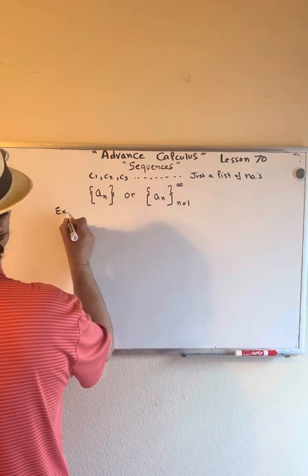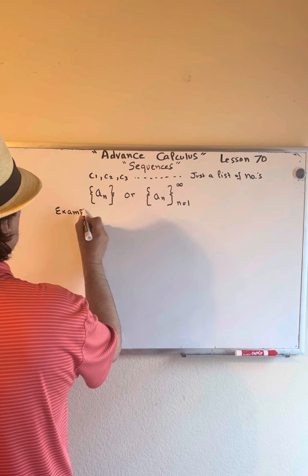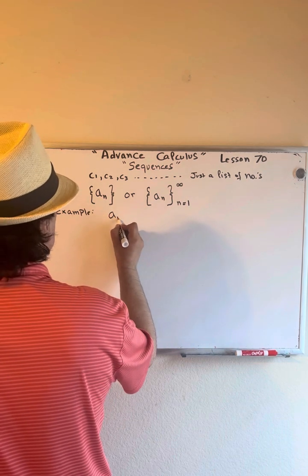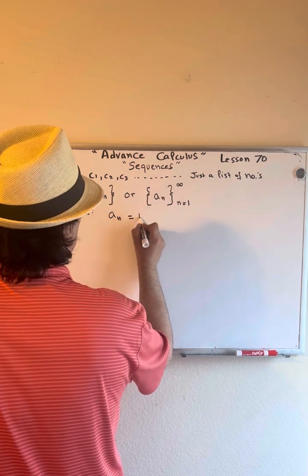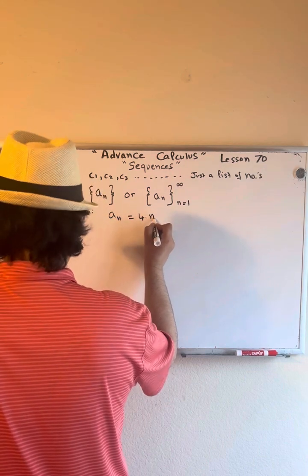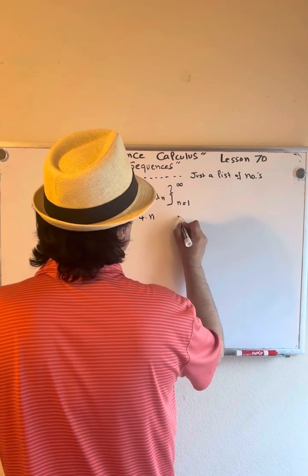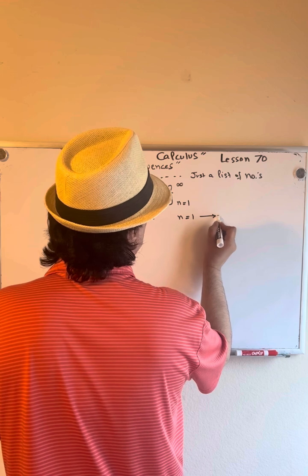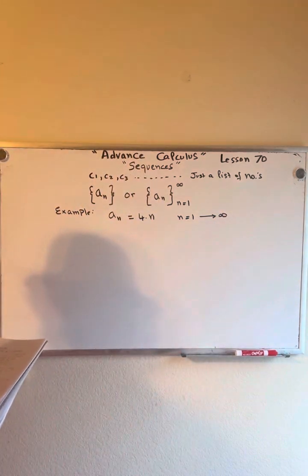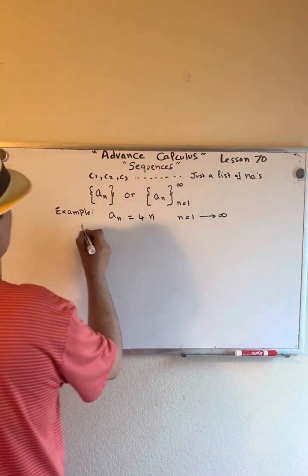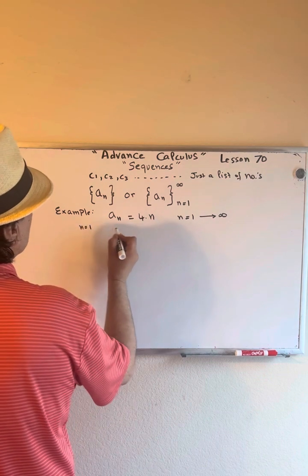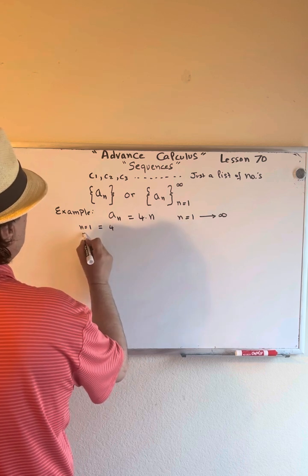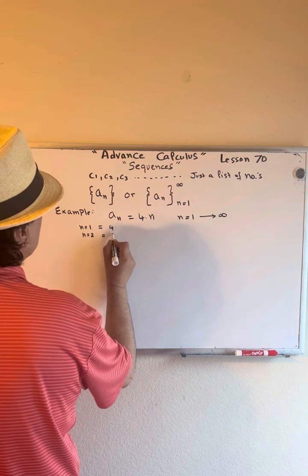Let's say you have a sub n equal to 4 times n, where n is equal to 1 going up to infinity. Easy. If n is equal to 1, I get 4. If n is equal to 2, I get 8.